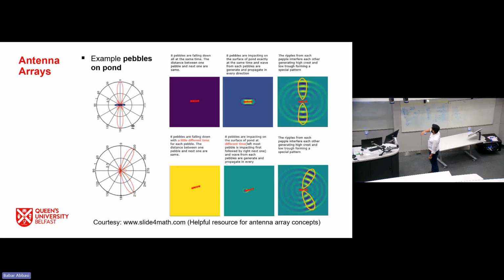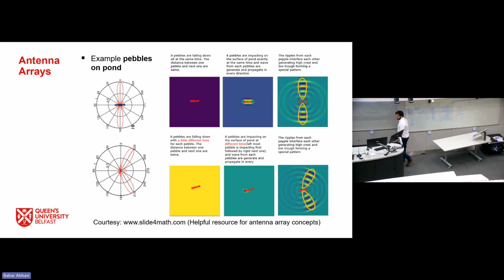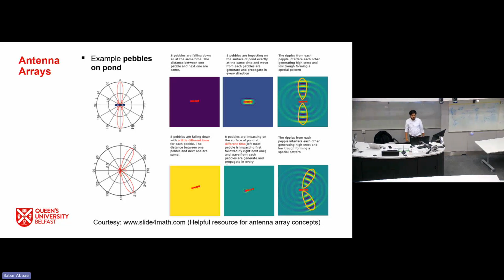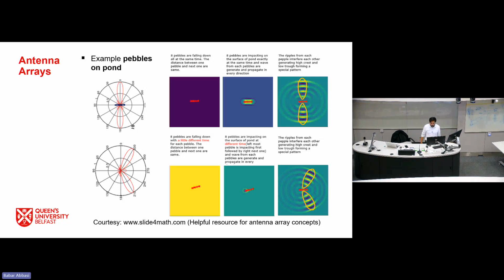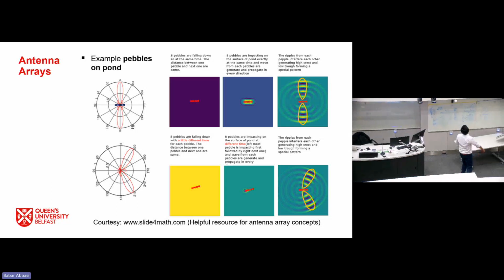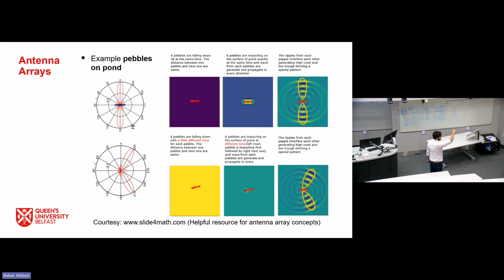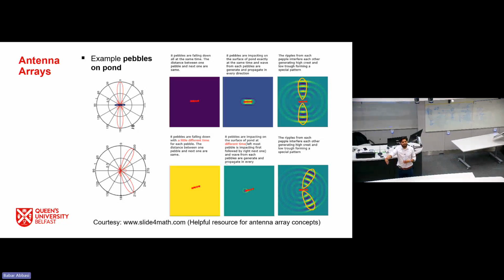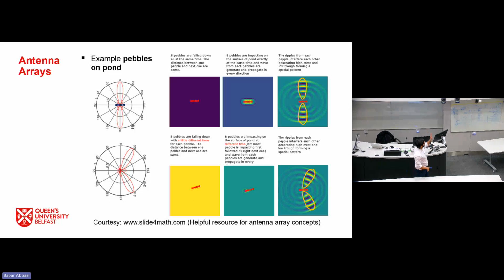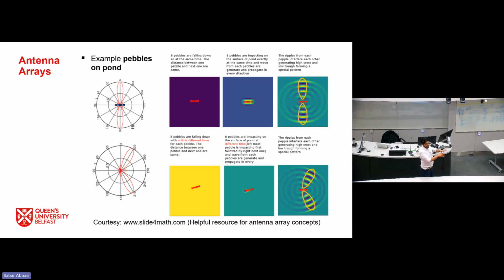So this is basically a simple demonstration of what happens if you have multiple phases. So we can just look at an example of simple water waves. If we throw a bunch of stones at the same time in water, then waves will propagate in water, and they will be equal phase along these two directions, and they will kind of cancel out each other in these two directions.